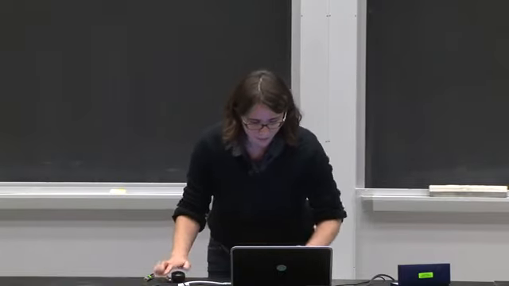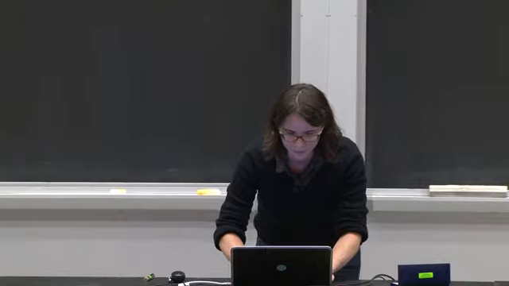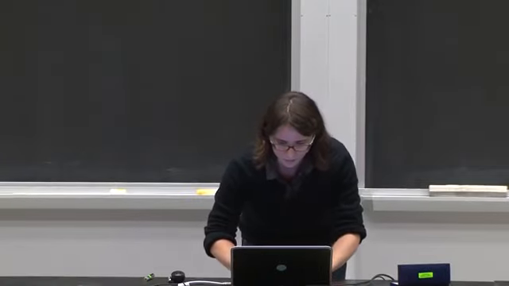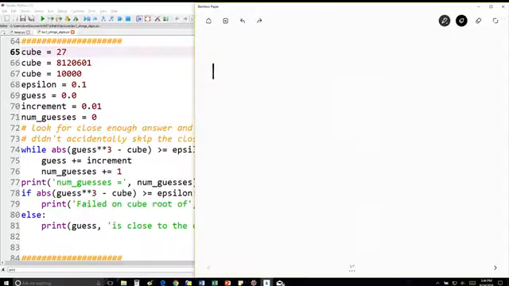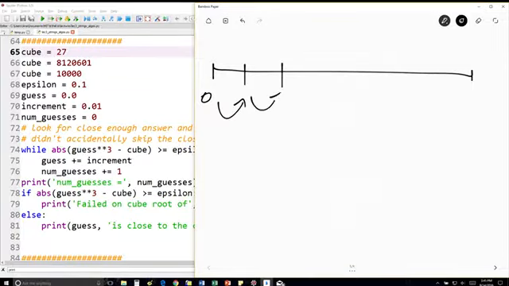So what ended up happening is this problem here. I'm going to draw something. According to the code, I'm going to start from 0, and I'm going to increment my guesses like that. With every little increment, I'm going to make a new guess. I'm going to take that guess to the power of 3, subtract the cube, and figure out if I'm less than epsilon.